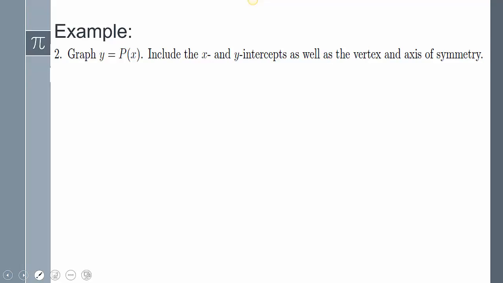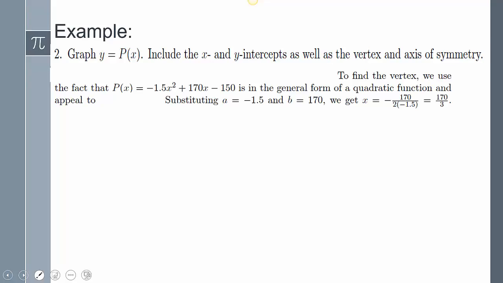Continuing on, it says graph y equals P of x, but it also said we should look at the vertex and the axis of symmetry. So finding the vertex, we said we were going to use the equation negative b over 2a. My a was negative 1.5, my b was 170. Plugging that into negative b over 2a, I get 170 over 3.